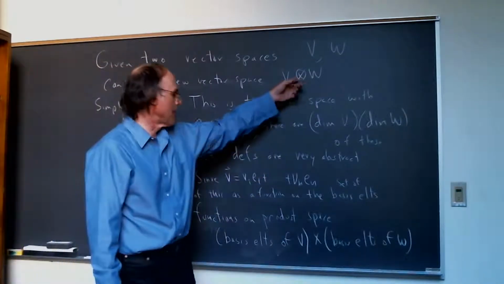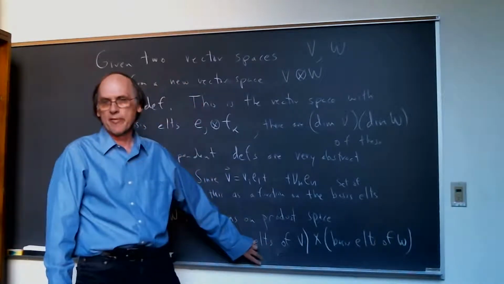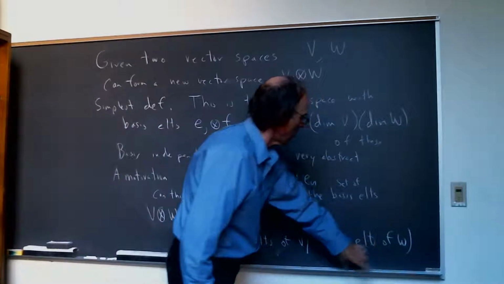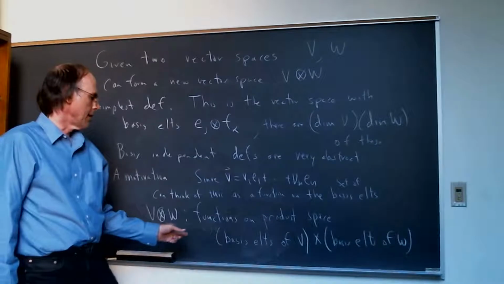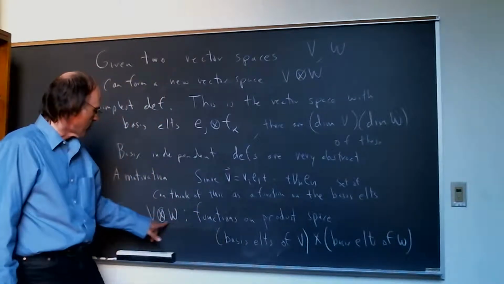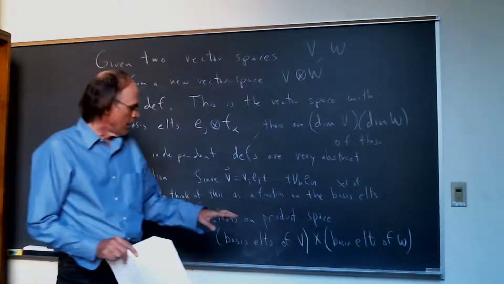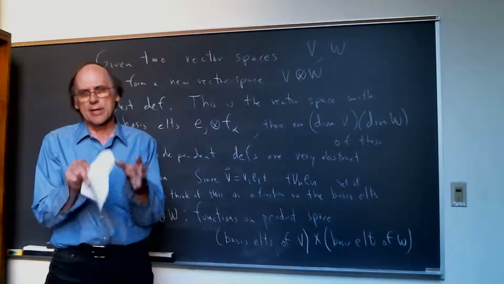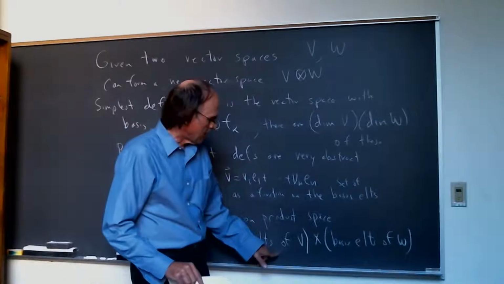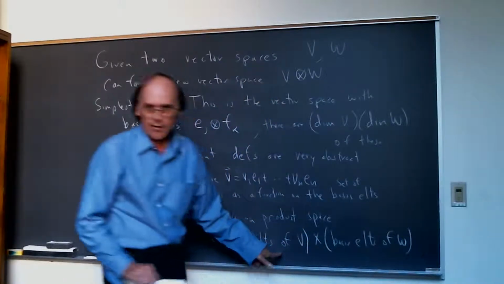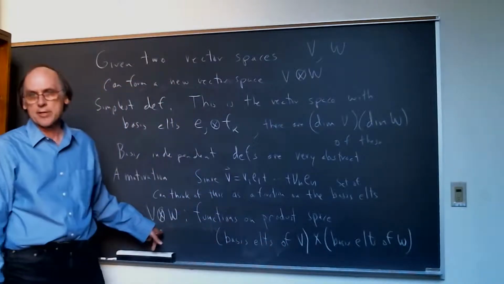For any vector space, you can think of it as functions on a space. This is just a space with dim V points, and this is a space with dim W points. So the tensor product construction is really the construction you get if you're always thinking of your vector space as a vector space of functions on something. If you take the set-wise product of these two sets, then the space of functions you get is this.